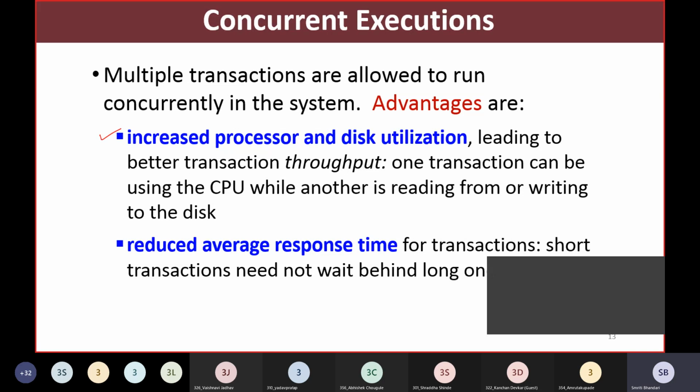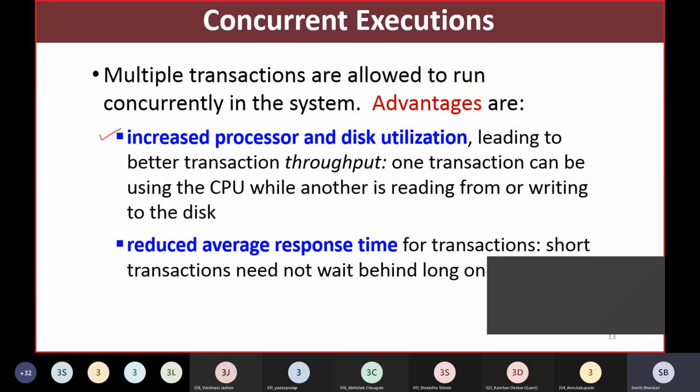If we have more than one disk, one transaction might be carrying out I/O operations with respect to one disk, another transaction may be carrying out I/O operations with another disk, and a third transaction may be executing some instructions and using the CPU time.